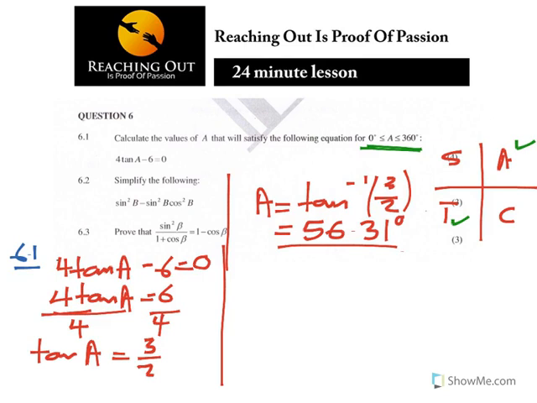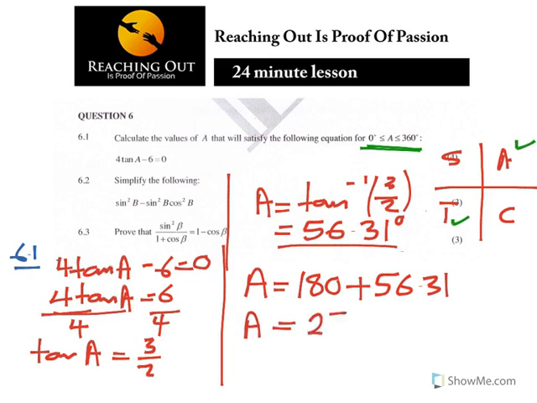So here tan is positive in two quadrants, which means in the third quadrant, a is equal to 180 plus the other value, 180 plus 56.31. A will be equal to 236.31.